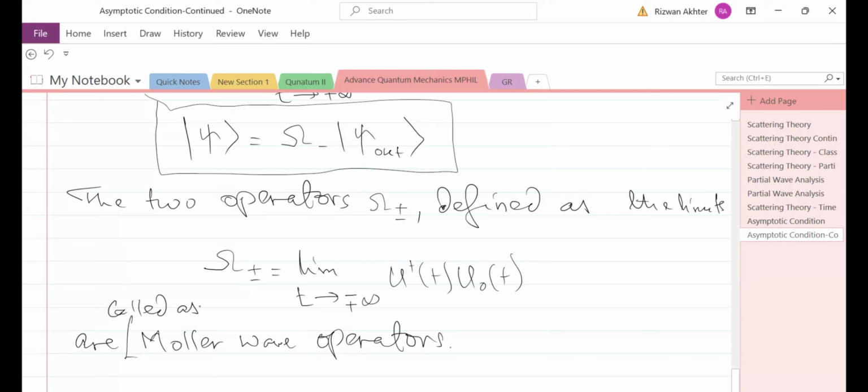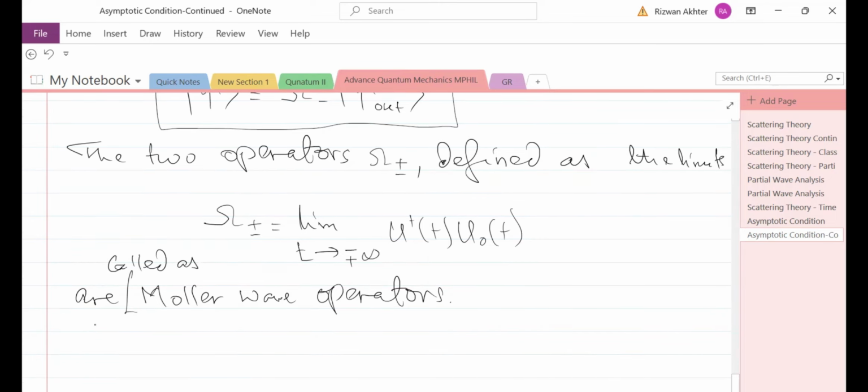So what are they? They are limits of unitary operators. They are therefore isometric.